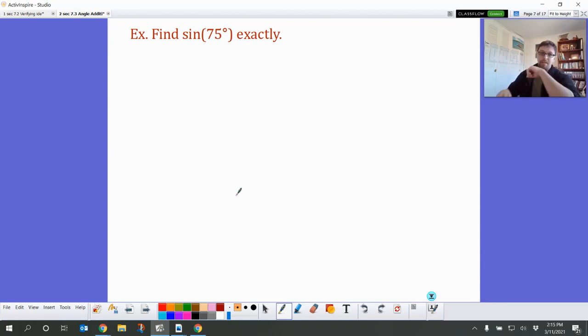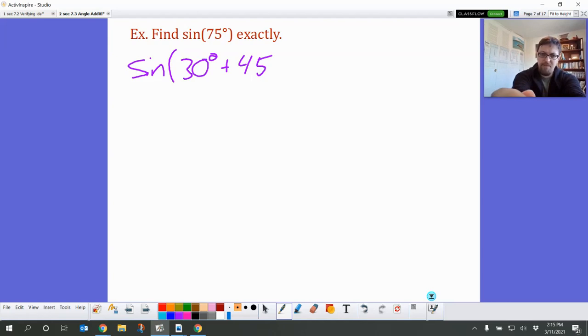We can. We know, hey, 75 is the same as 30 degrees plus 45 degrees. So the sine of 30 degrees plus 45 degrees is the same as the sine of 75 degrees.